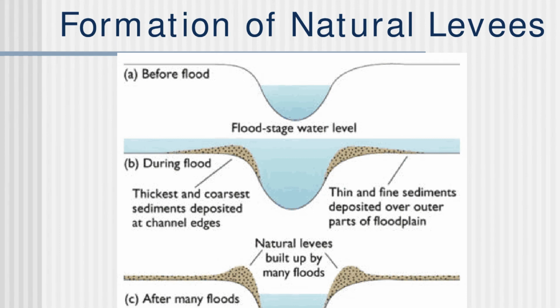In the third stage, after floods have happened many times, there is more and more accumulation at the edge of the bank, and this deposition is known as natural levees. Natural levees have coarser grains, and the finer grains are deposited at the outer parts of the floodplain.